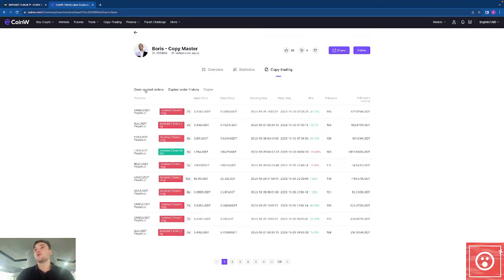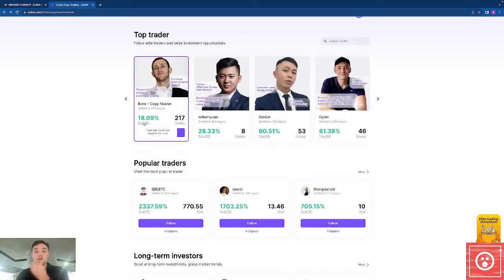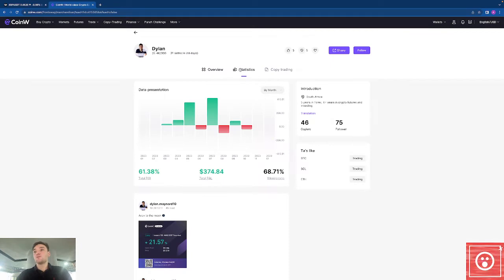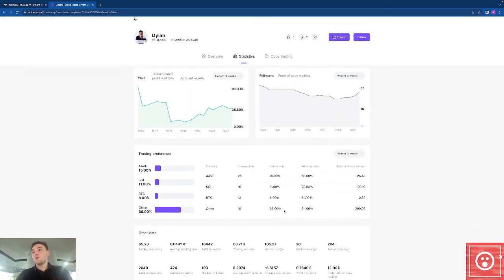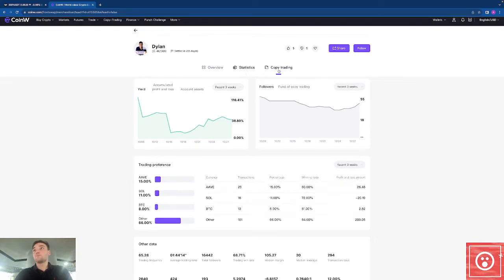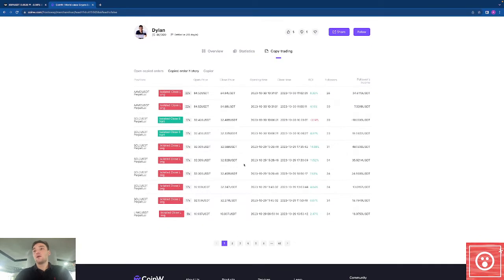If you like the look of Boris, you can click on him and then click follow. For me, it's similar, it shows you my statistics over here. My win rate is a little bit less than Boris's, but I do trade a lot more, and it shows you my copy order history over here. I haven't really had a loss in a while. This is how you have a look at what is happening.